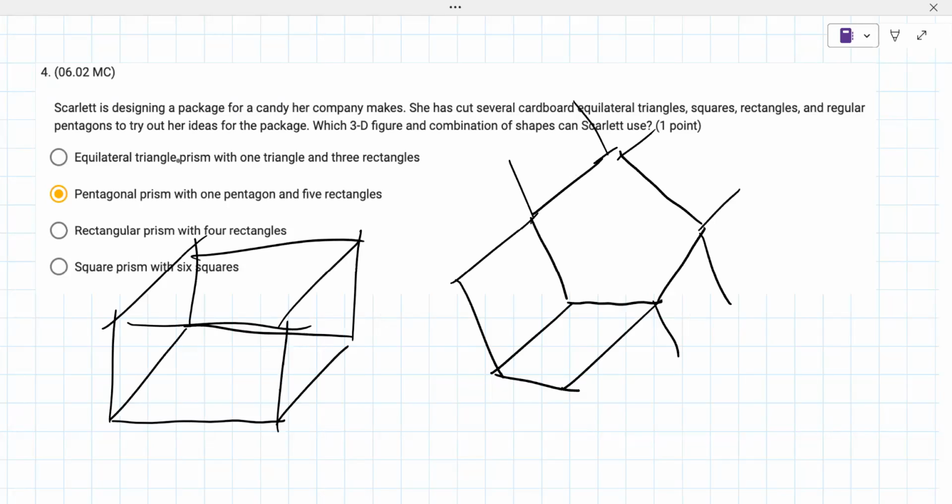I don't know what to tell you on this one. I guess I would go with that one. I mean, you chose it. There's intuition there. It does work. It's a prism. The one pentagon with another five rectangles makes another piece to it.